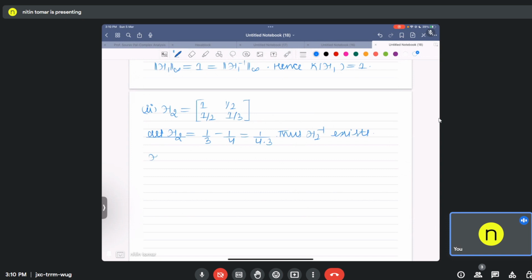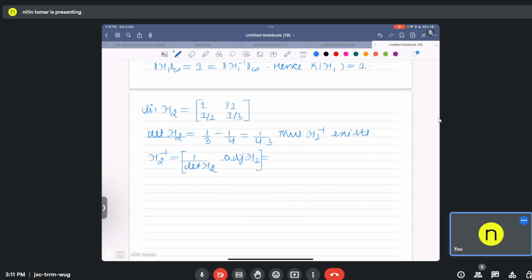Now we can compute H2 inverse by this formula: 1 upon the determinant of H2 times the adjoint of H2, right? Yes, sir. Another formula is that you swap the diagonal elements and change the sign of the non-diagonal elements. That comes from this formula only, okay? But that is valid only for 2 cross 2. It is a formula, I would say a trick.